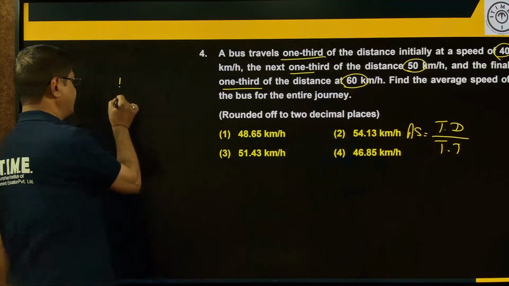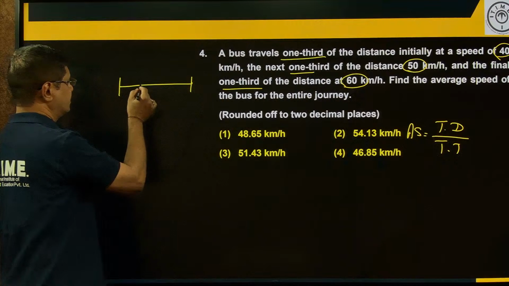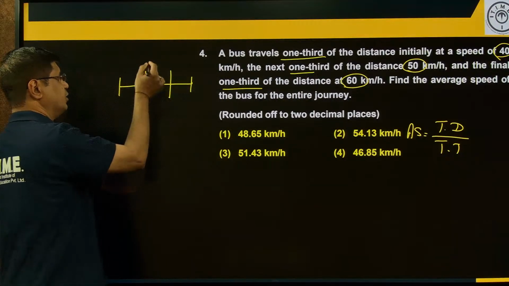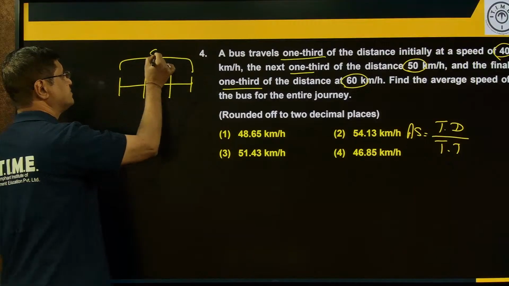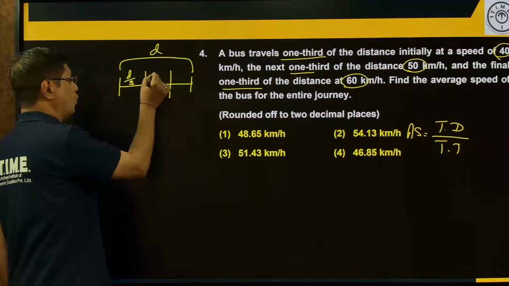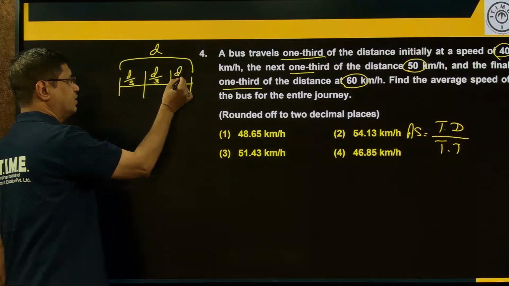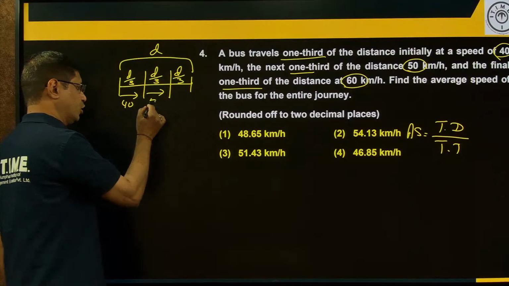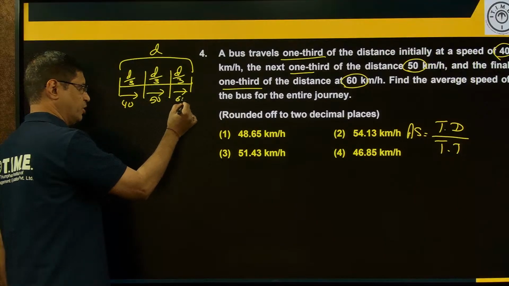So let me draw the diagram here. The total distance is D. Now 1/3 of the distance, 1/3 of the distance, and 1/3 of the distance travel with 40 kilometers per hour, 50 kilometers per hour, and 60 kilometers per hour.